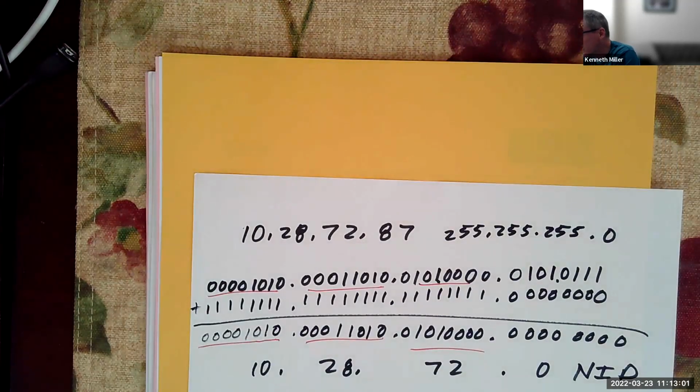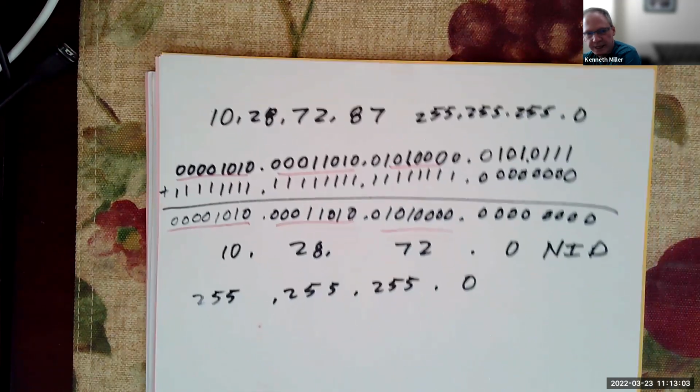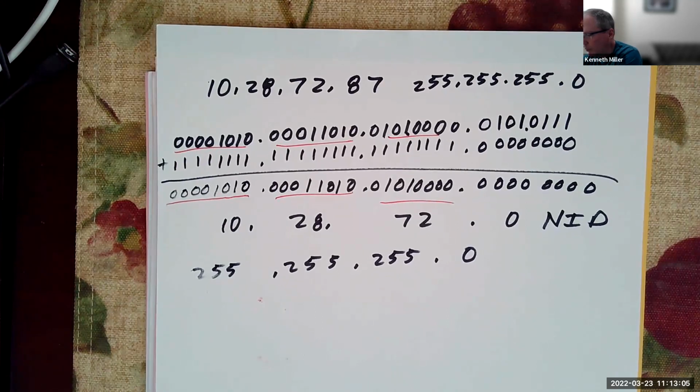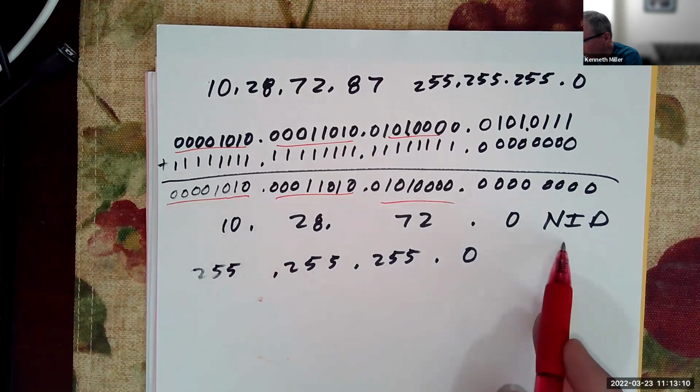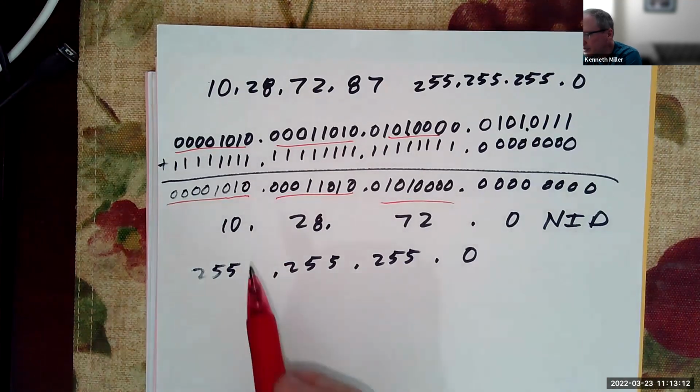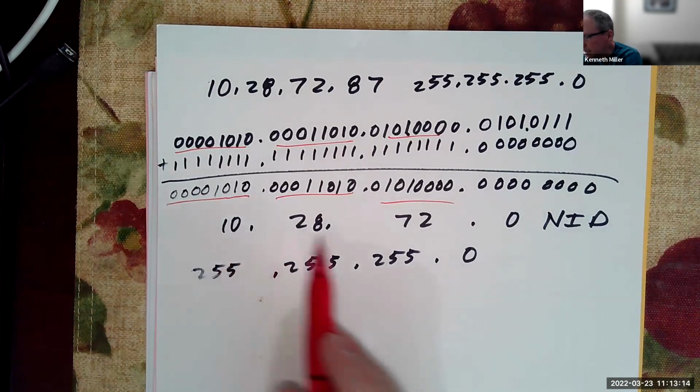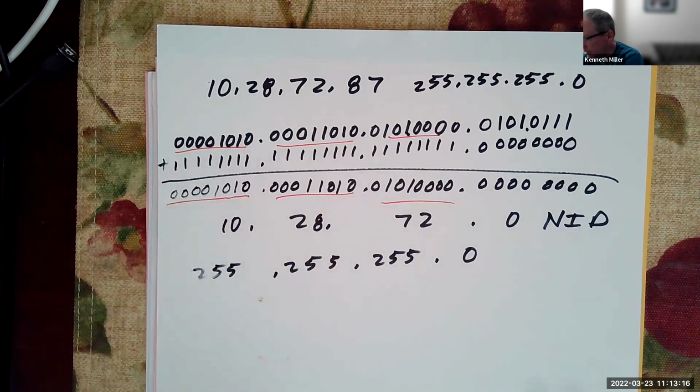So let's come back over to our example here. To get the broadcast ID, the first thing we need to do is write down our network ID in binary again.